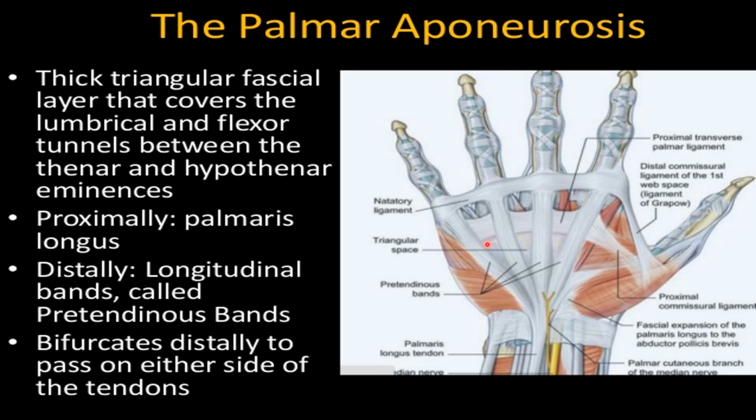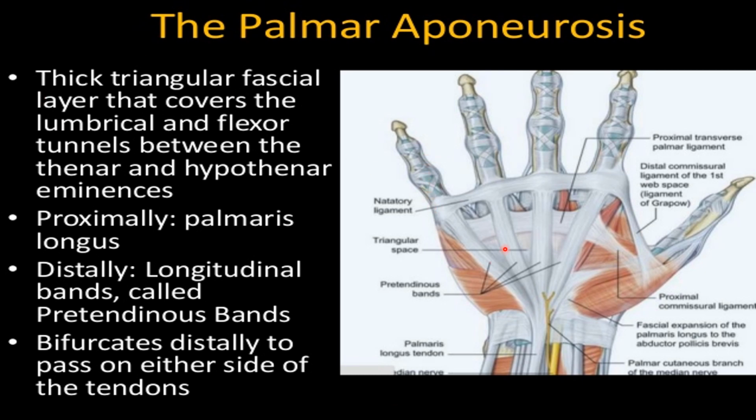Here you can see these four slips, and these are also known as pretendinous bands, and each slip divides into two bands, one passing superficially to the skin and the other passing deep to fuse with the fibrous flexor sheaths and the deep transverse ligaments.